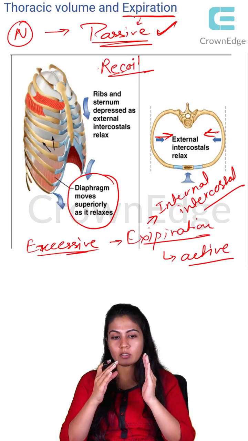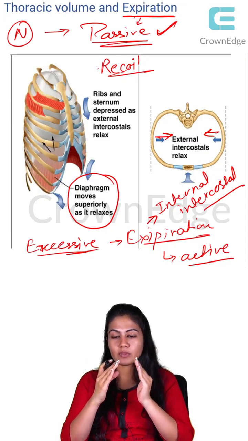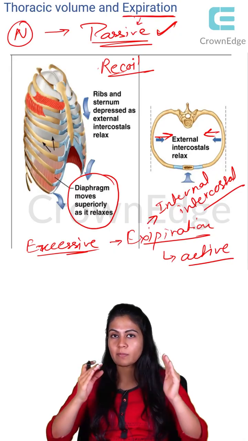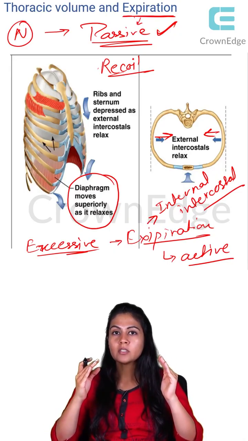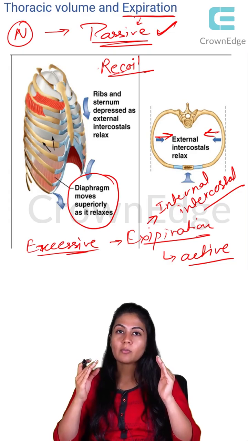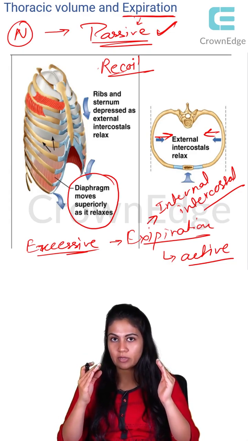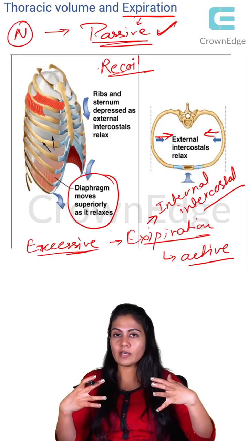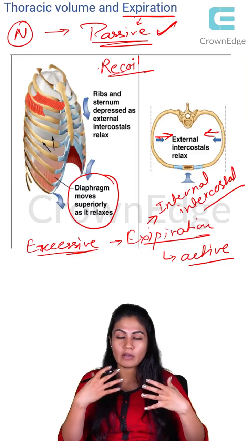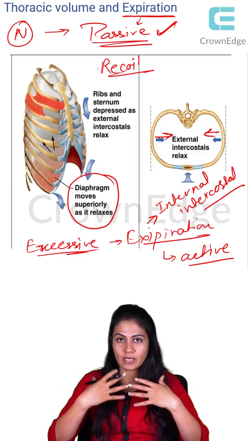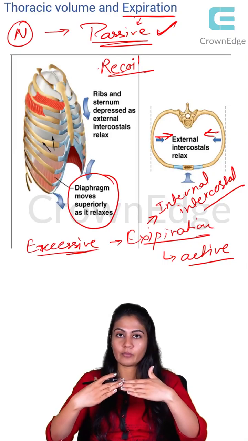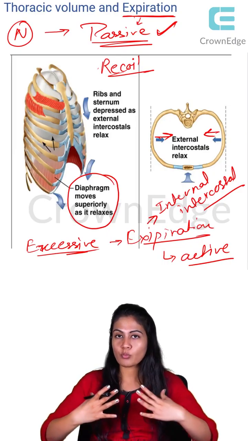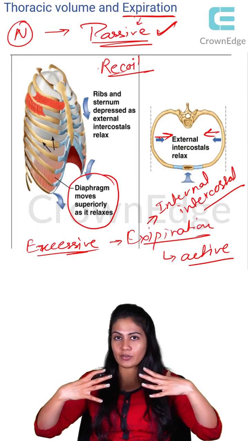So what the external intercostals did: as soon as we inspire, they contract and make the lateral diameter from left to right increase, right? As well as the anterior posterior diameter, by moving the rib cage upward as well as the sternum anteriorly. So they increased both anterior posterior and lateral diameter.